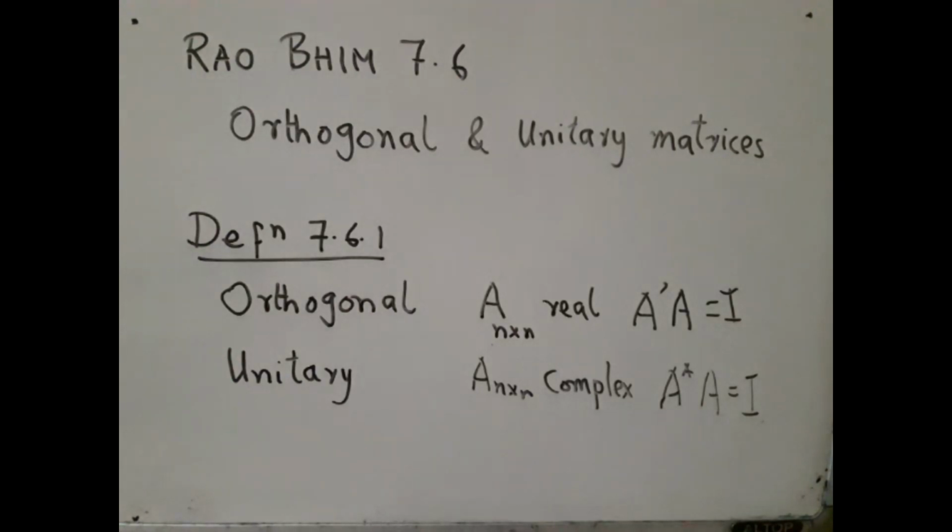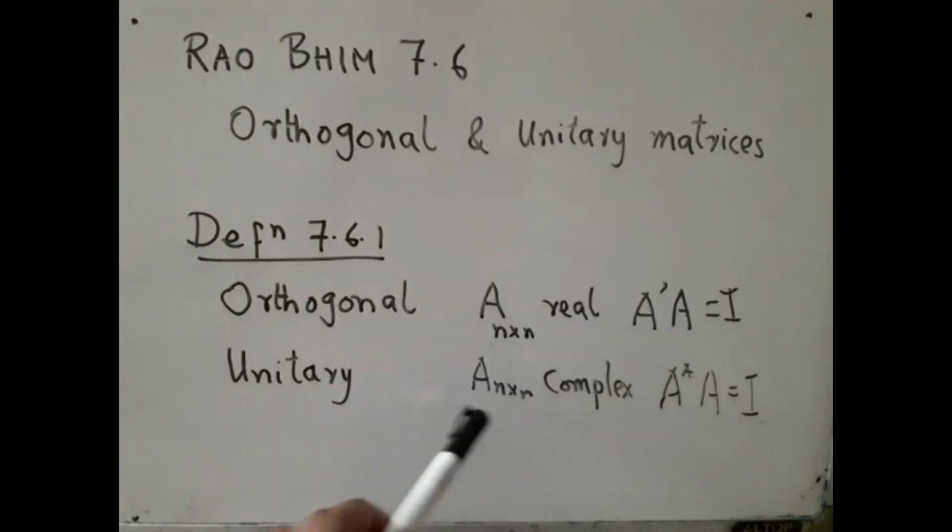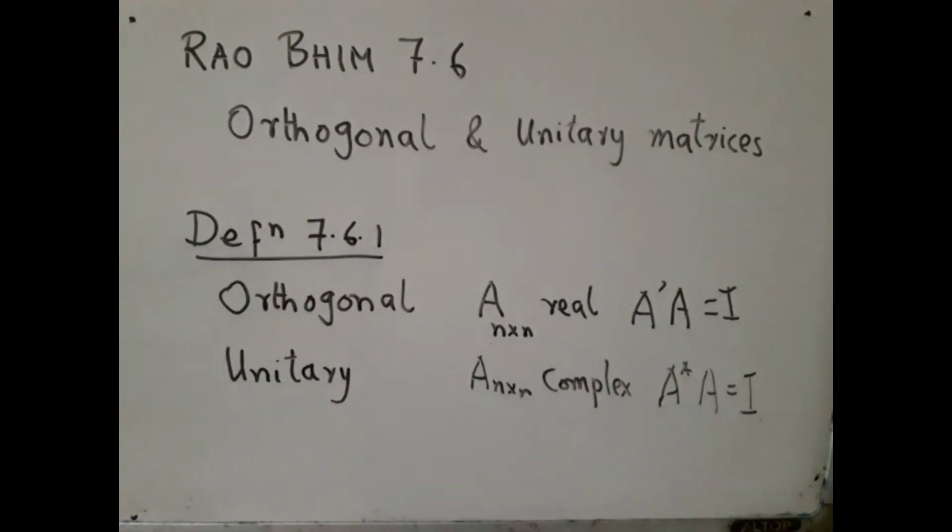So if you are working over the complex field, then any real matrix which satisfies this condition also satisfies this condition. Now there is an important intuition behind such matrices that we have to first understand, and we shall take as our example only the orthogonal case.